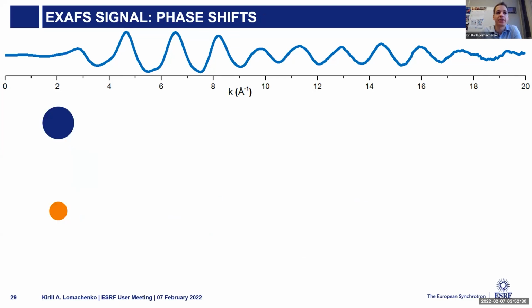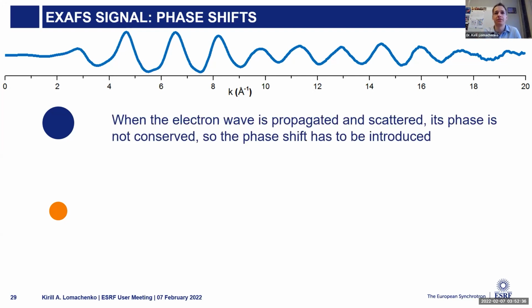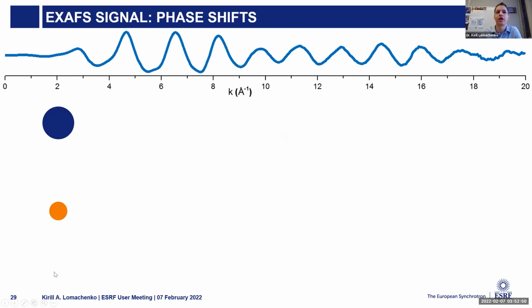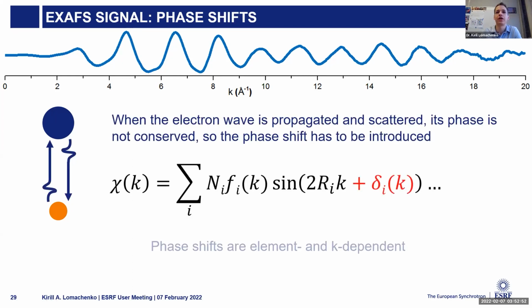Then it so happens that when the photoelectron wave propagates and scatters, its phase may change. And this has to be taken into account in our analytical expression. So we have to introduce the phase shifts, which are element dependent and also K dependent. Okay.